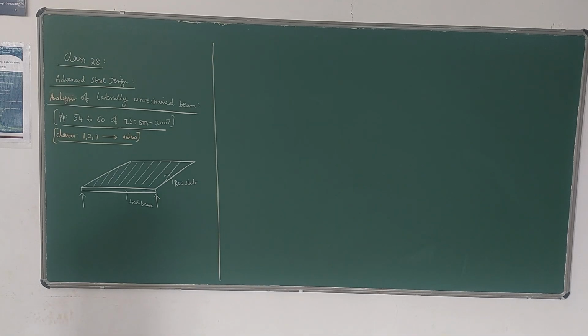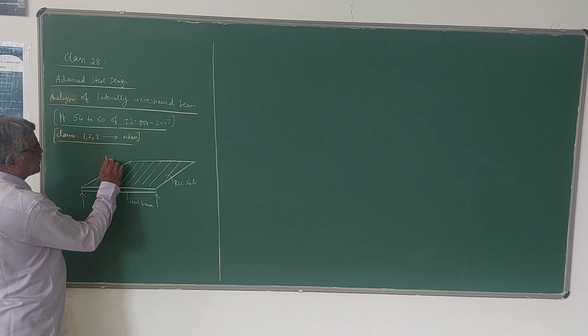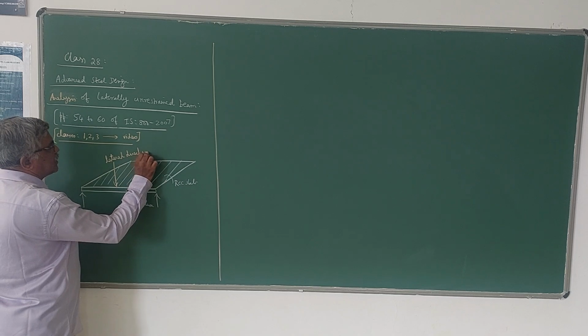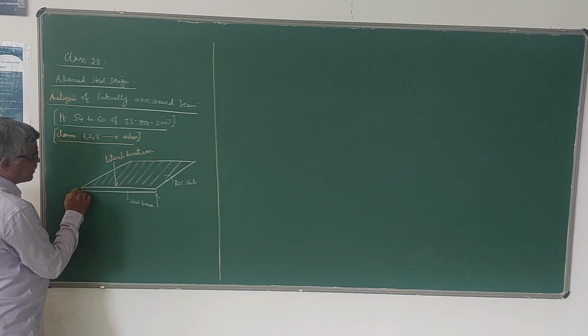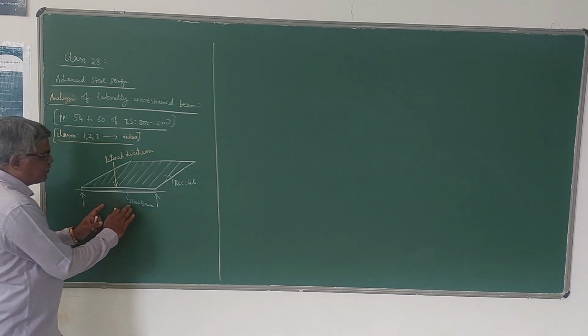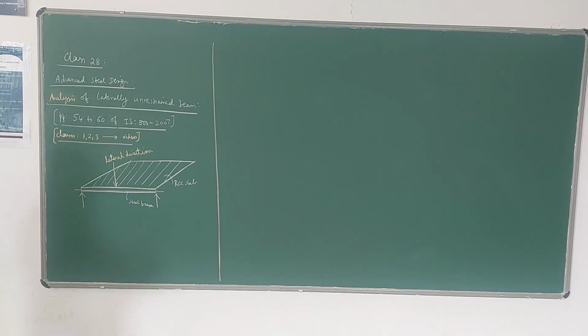If this is the case, then what happens? In the lateral direction, for this beam, perpendicular to the axis of the beam is the lateral direction. In such a case, since the beam is carrying an RCC slab, it is restrained.